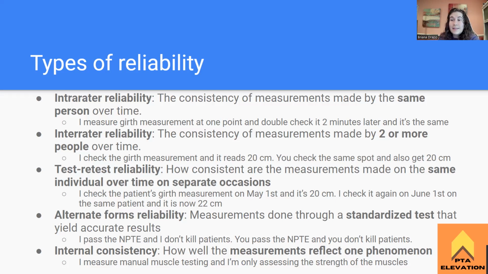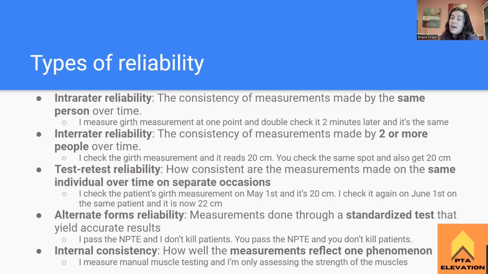Your classmate isn't going to take the same one as you. But regardless of what exam you would take, it's a reliable measure of your ability to act competently as a clinician and safely. So that's something we could think about when it comes to alternate forms reliability: just a standardized test with different situational questions.